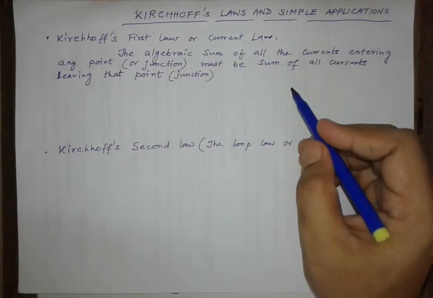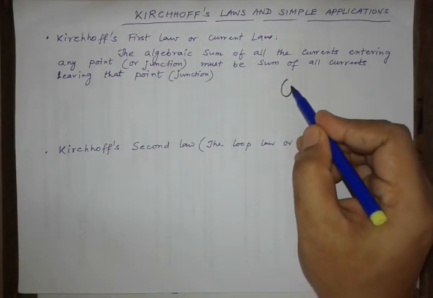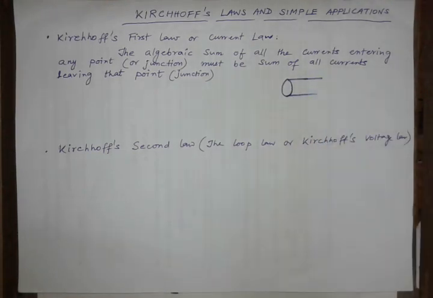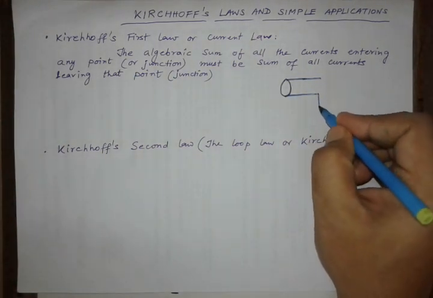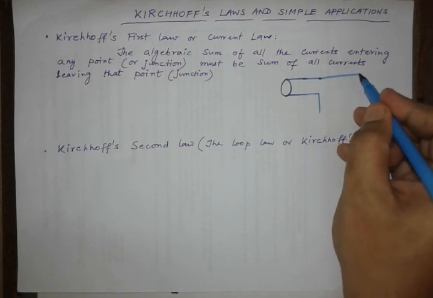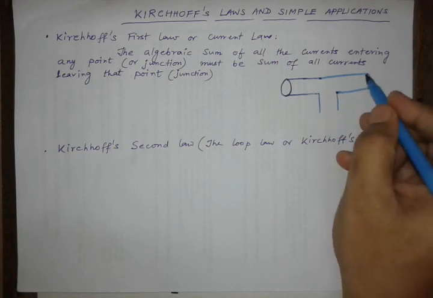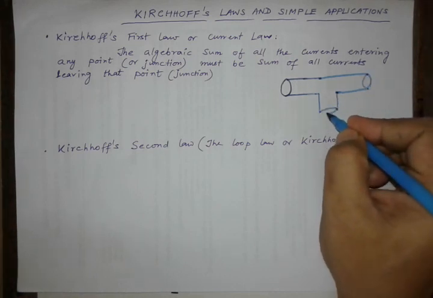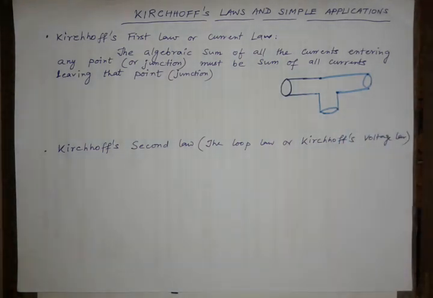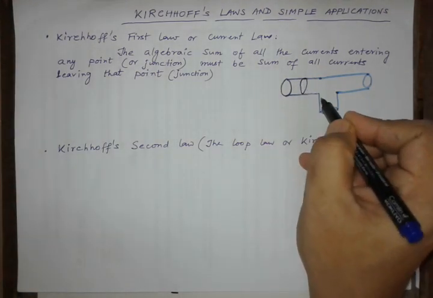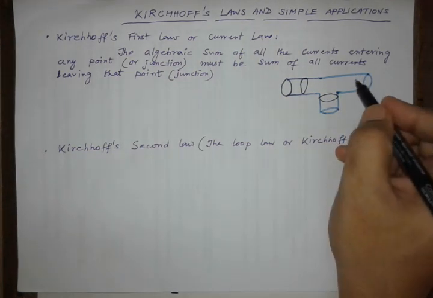So what is the meaning of this? Think about a pipe or a conductor here, and here is another part of the conductor. Suppose I draw a cross section here, another cross section here, and another cross section here.